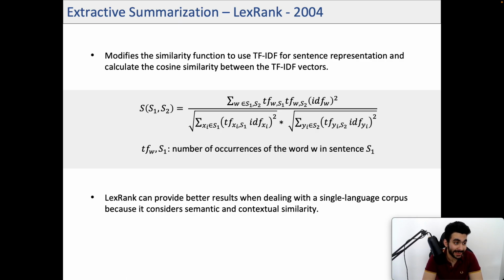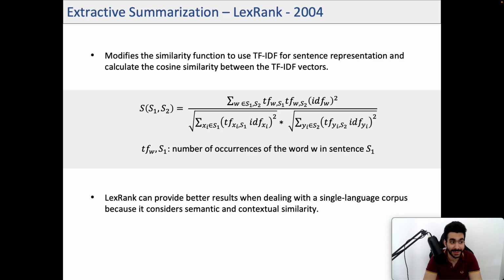So LexRank changes TextRank in order to modify the similarity function to use something that would better capture the language, with respect to the TF-IDF. So that hits the rarity perspective, and it also hits the linguistic nature of the words.